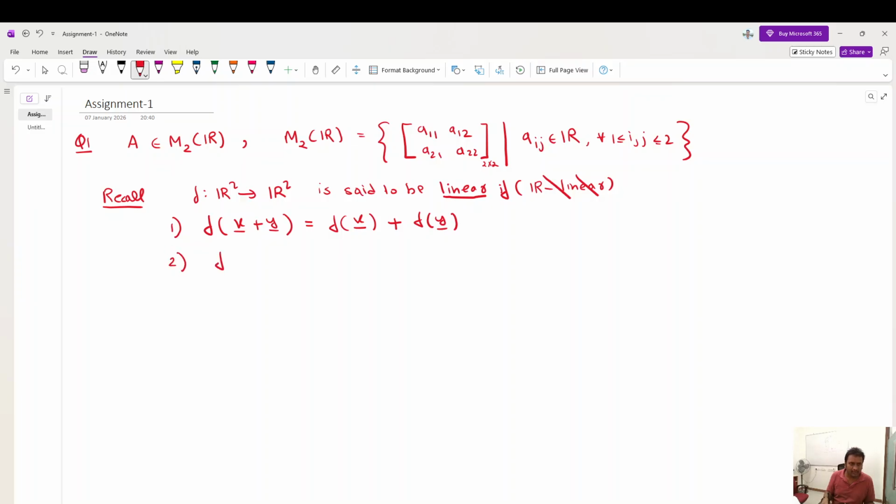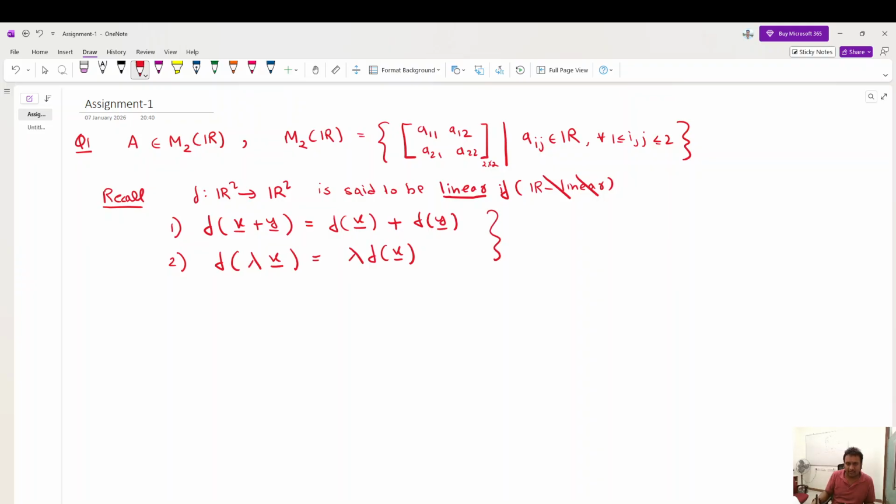Number two, if you take some lambda and some vector x, basically you are multiplying this lambda to each and every component of x. It will have two components, right? It's in R2, the Cartesian plane. So lambda times x1, x2 gives lambda x1, lambda x2. You just compute this quantity: you apply f to lambda x bar, and it should equal lambda times f of x bar.